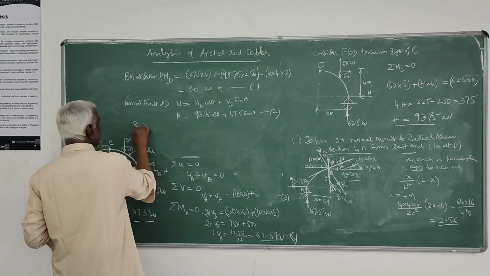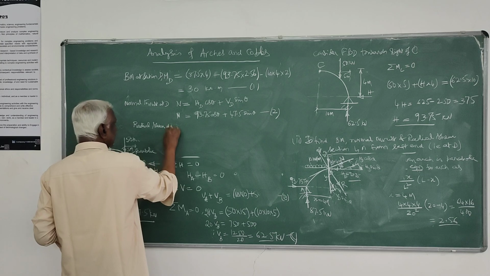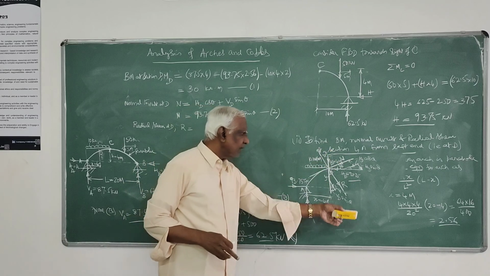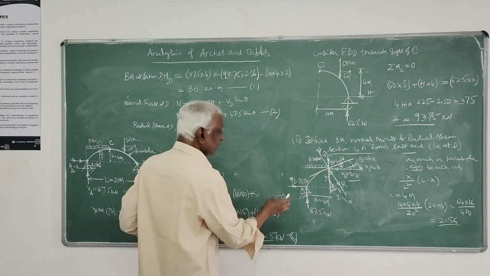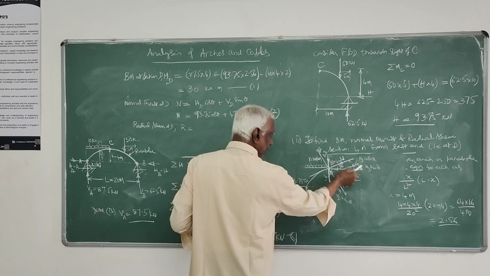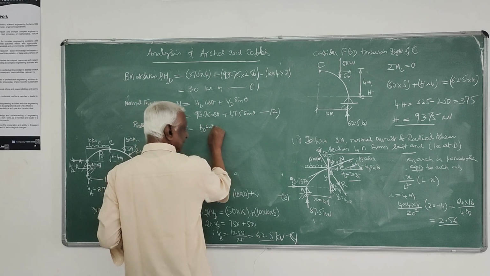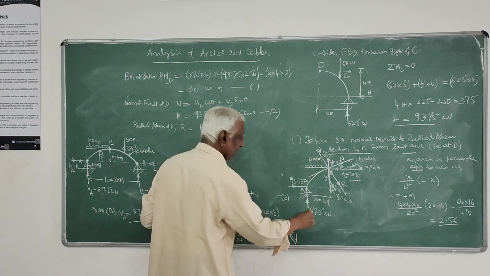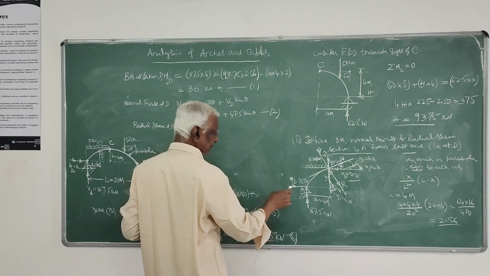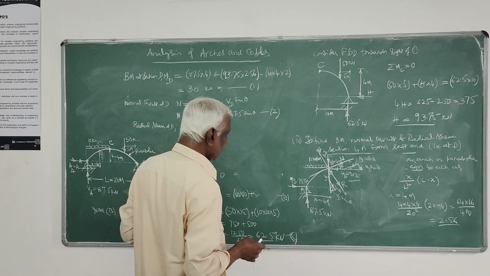Now the radial force at D, that is R, is the force along the normal, which is Hd sin theta along the normal, whereas this is Vd cos theta.